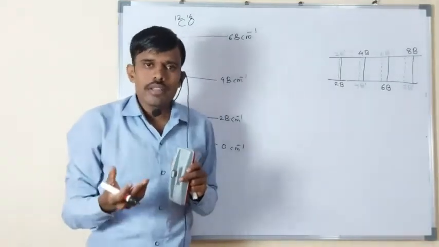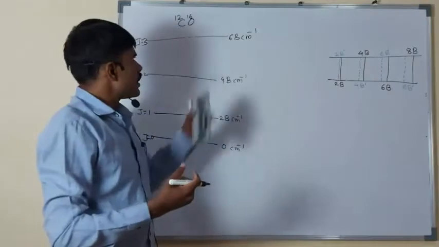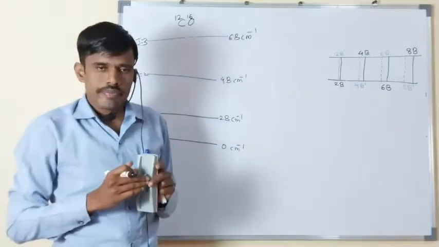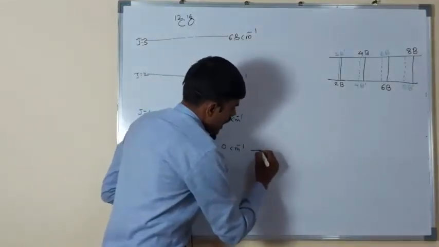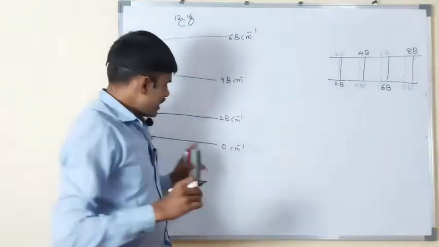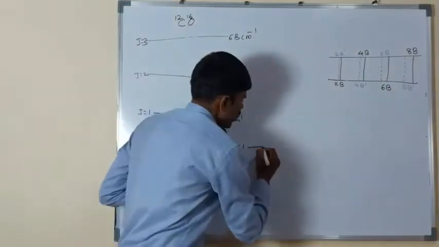Carbon 12 is replaced by carbon 13, and this will result in decreasing the rotational constant B. So the ground state energy is the same because it is 0.